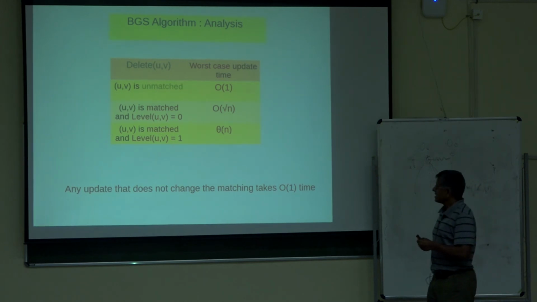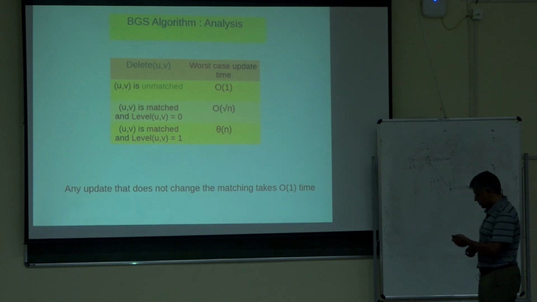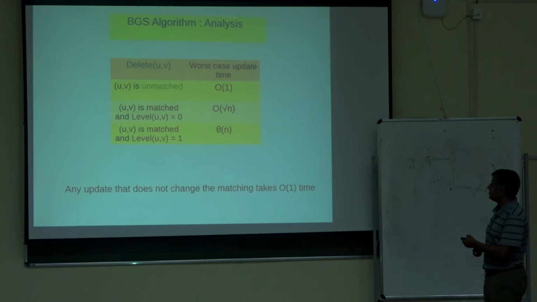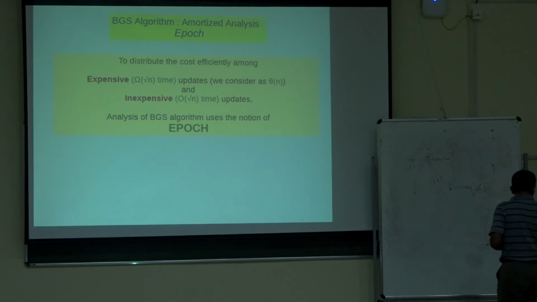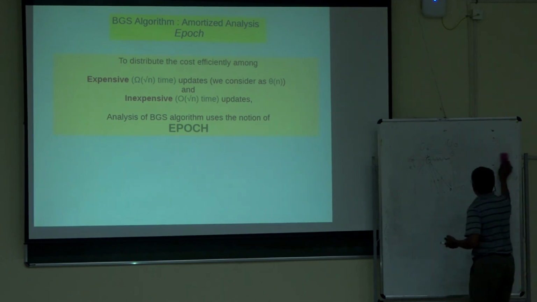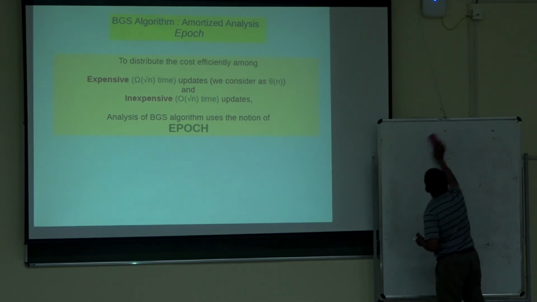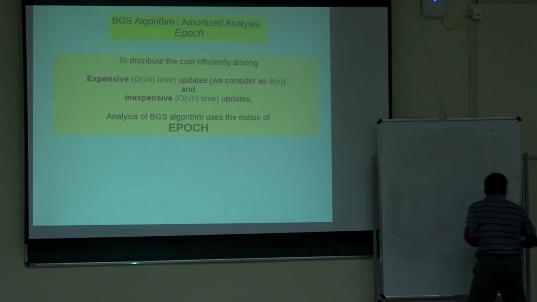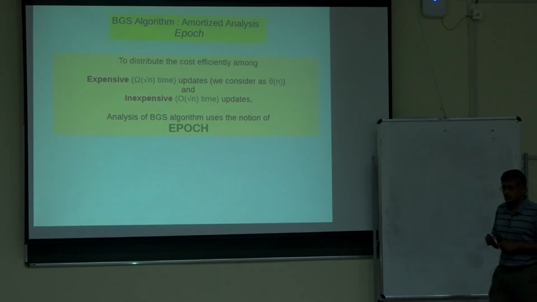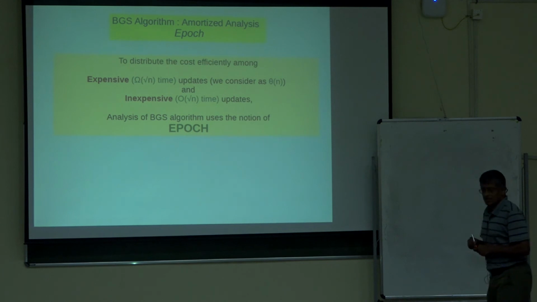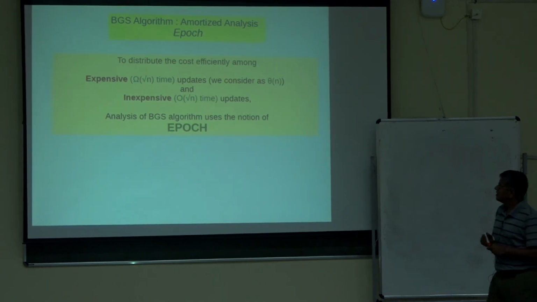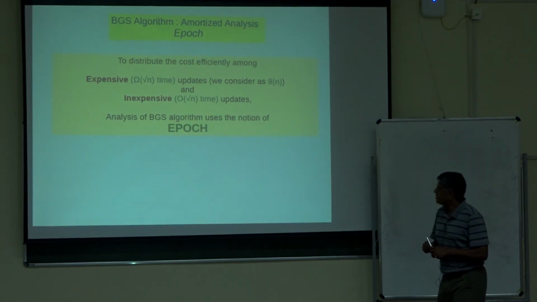Now let's complete the analysis using the framework of Bhubaneswar. So we'll see where the challenges for the analysis for removing three-length augmenting paths lie.